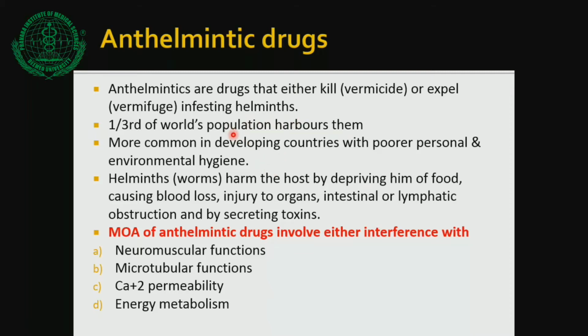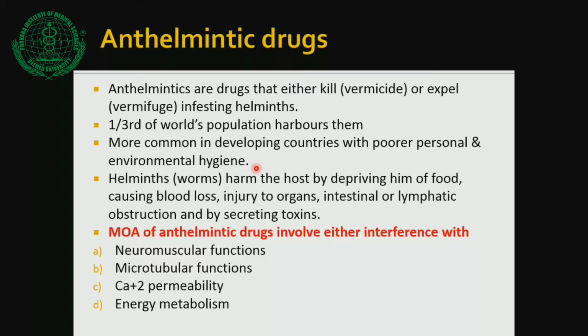One-third of the population harbors worms or helminths, and it is most common in developing countries with poorer personal and environmental hygiene, because most of the time we acquire this infection through infected soil, infected food or water.